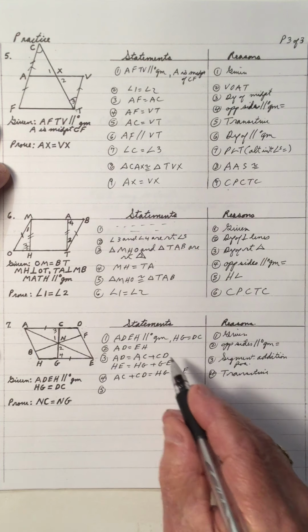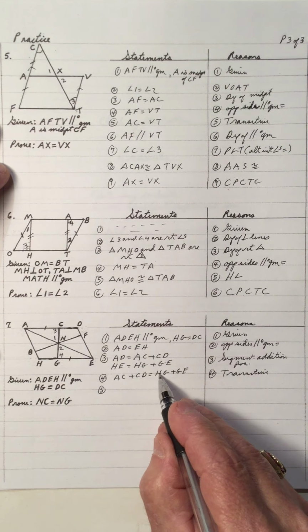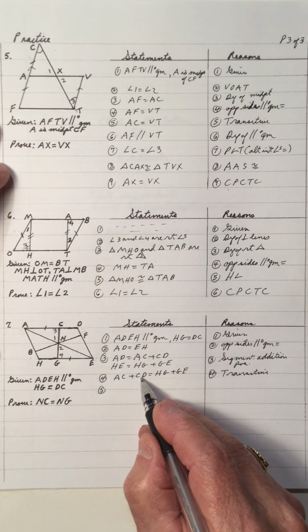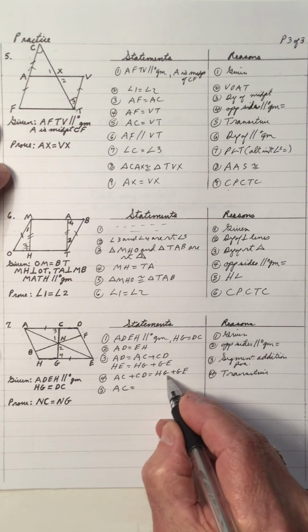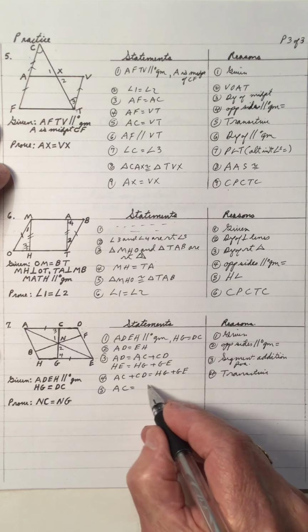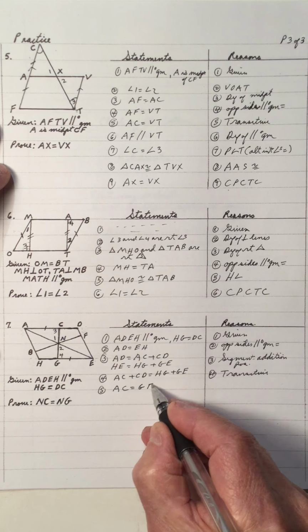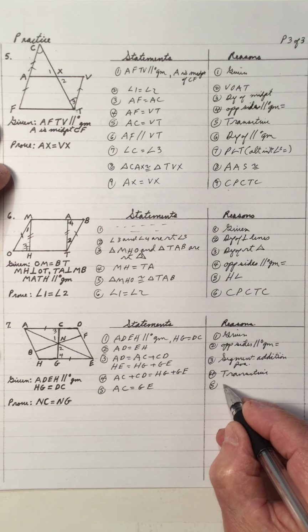And we are given that HG, which is right here, equals DC, which is here, or CD. That means that AC must equal GE or EG. And that's subtraction.